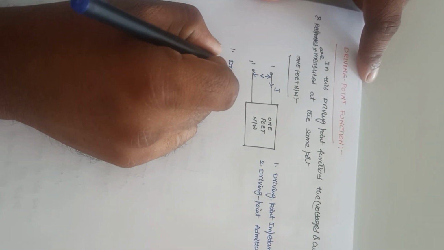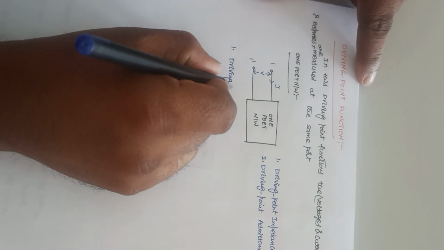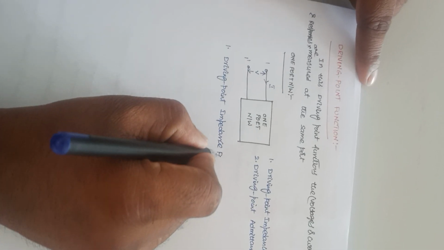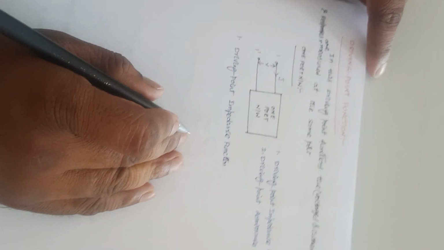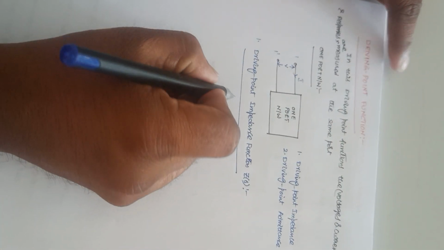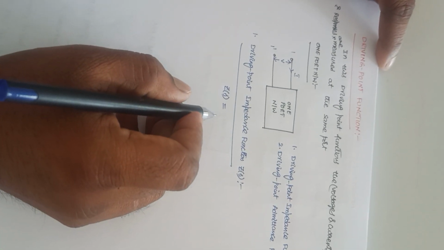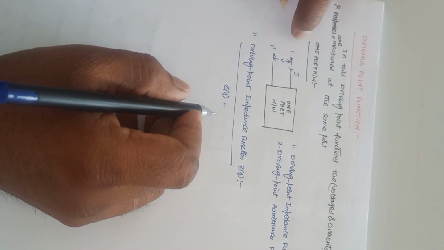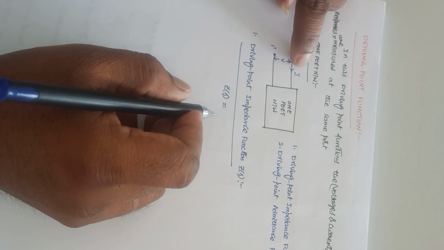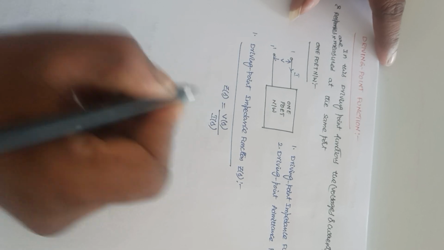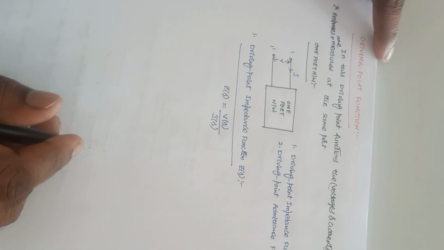The driving point impedance function is normally represented with Z of S. Z of S can be defined as the ratio of voltage at this port, that means at port 1, to the current at the same port, that is V of S divided by I of S. So it is a driving point impedance function.